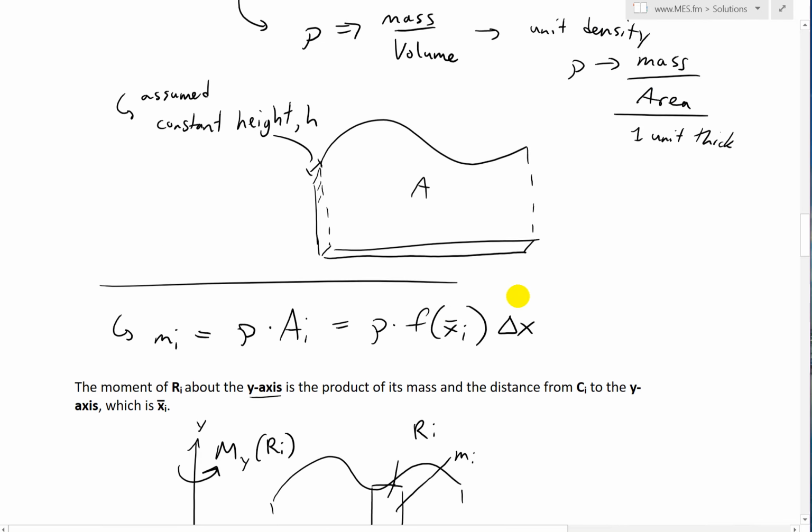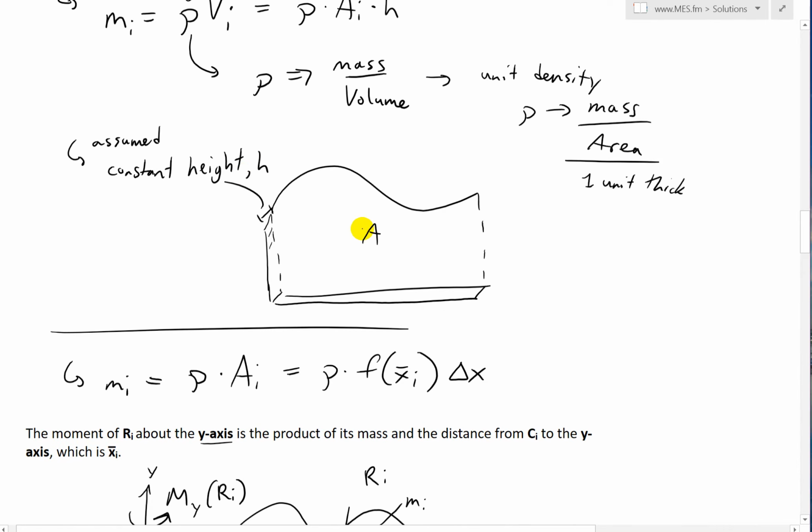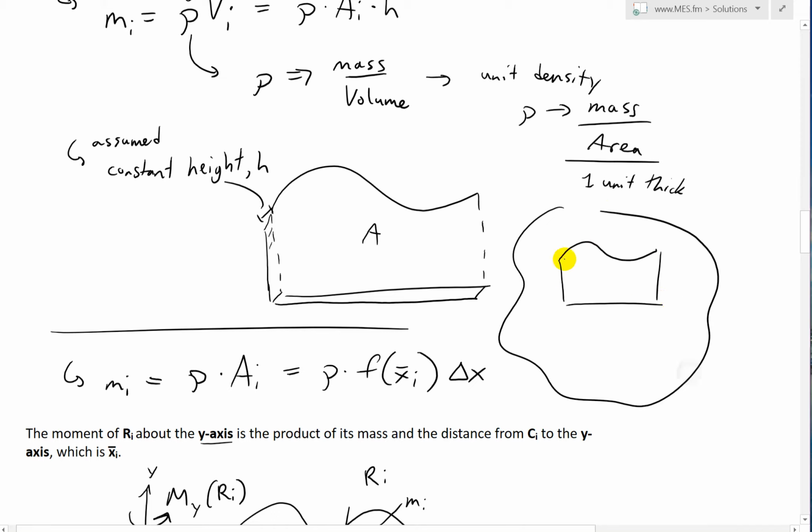And also just one more point right here. If the thickness is constant, it won't change the center of mass. But let's say we had something like, I'll put it in a bubble just to illustrate it, a shape like this, and then let's say the thickness changed, so a curve like that was the thickness.